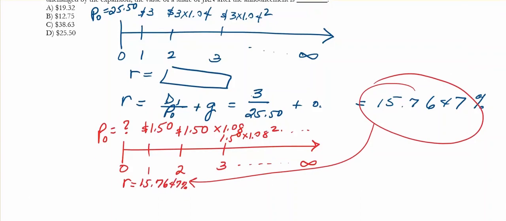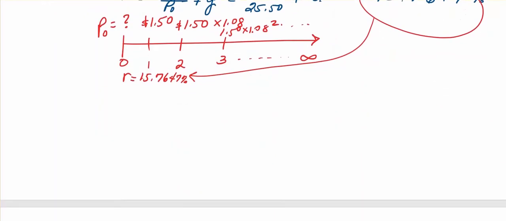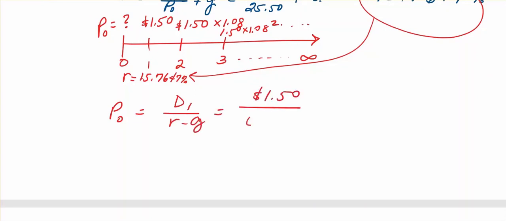So in our last step, we use the constant growth formula for dividend discount model, which again is this. We see that the new year one dividend would be $1.50.